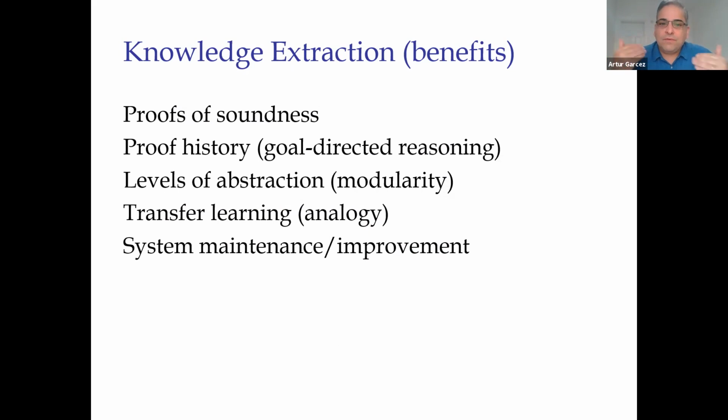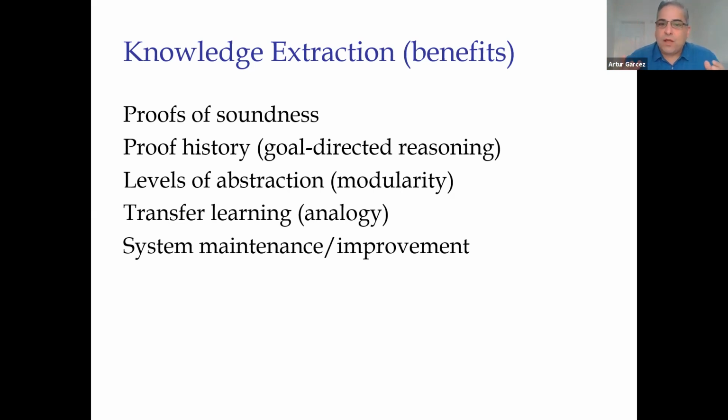We can use something called goal-directed reasoning on the extracted knowledge, which gives us a proof history, which in symbolic AI is very relevant, because it doesn't give you just an answer, but the actual proof actually includes the explanation as to how that answer was obtained.